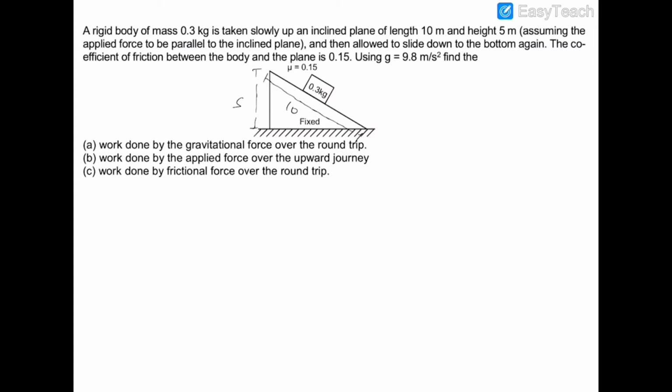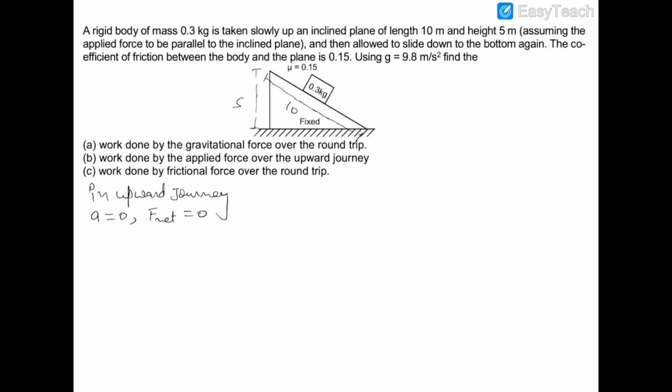Now in first case, we are making it move in the upward direction slowly, which means that in upward journey, the net acceleration of the block is 0 and the net force of the block is 0.